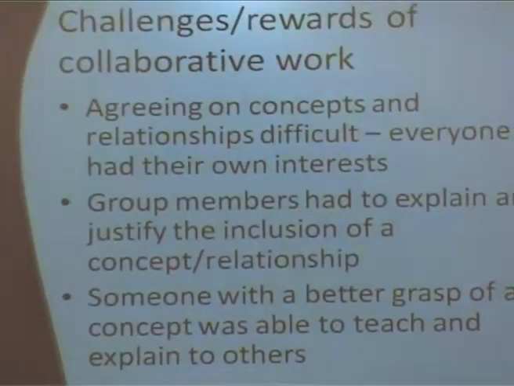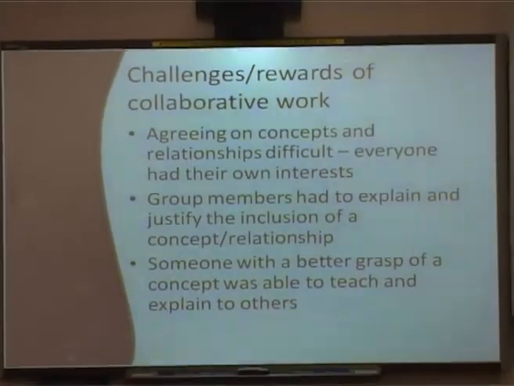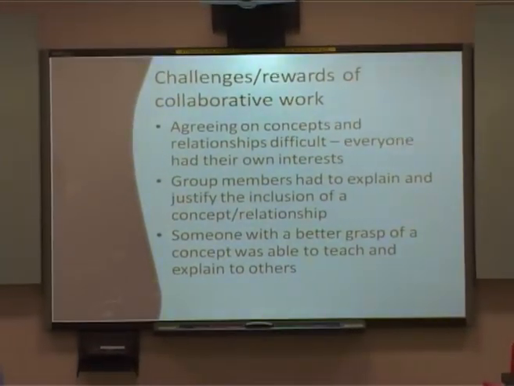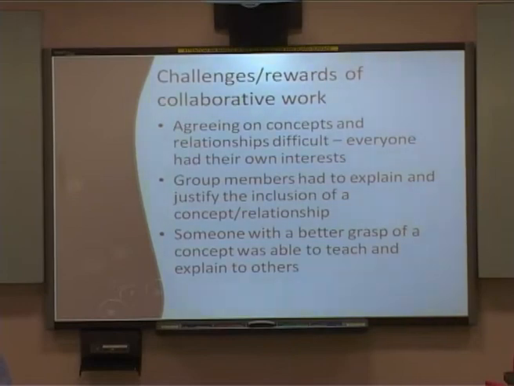Working collaboratively, as I said, agreeing on what to represent was difficult. They said it was great that they had to actually explain and justify the inclusion of a concept or relationship to each other. So this is where what I hoped to achieve was evident, that negotiation. One of the students said, literally every stroke I made on the map, I had to justify to the others.